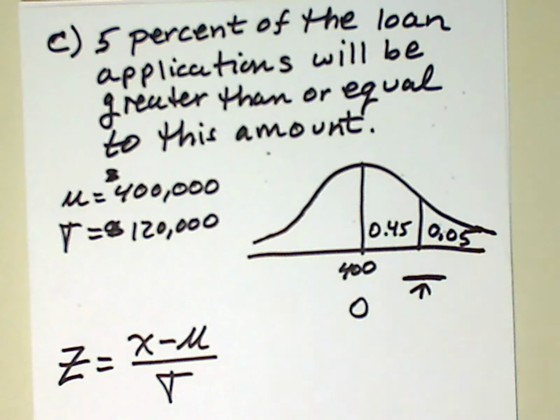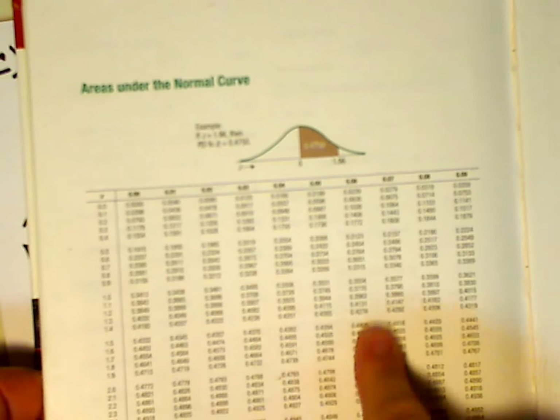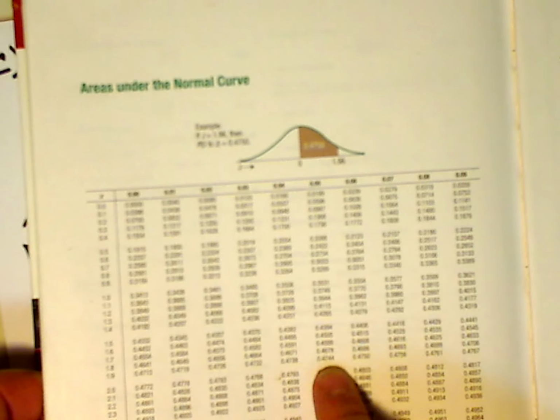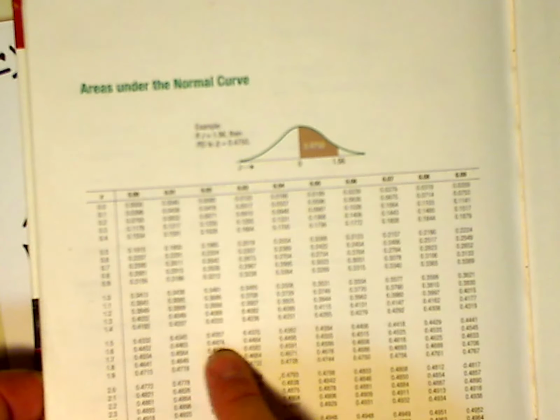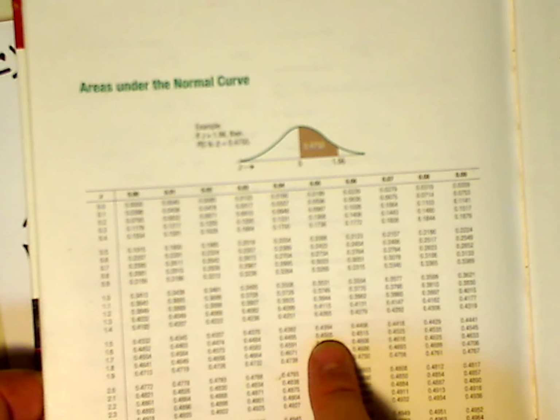So we're going to go into the back of the textbook. We're going to look for the area in here of 0.45. Well, 0.45 happens to be between 1.64, which is 0.4495, and 1.65, which is 0.4505.